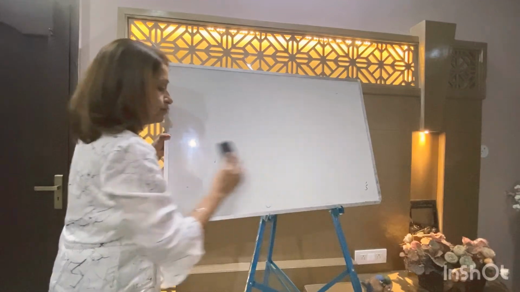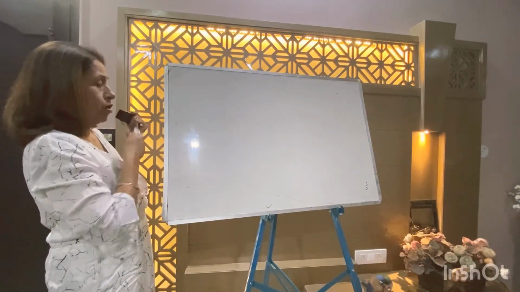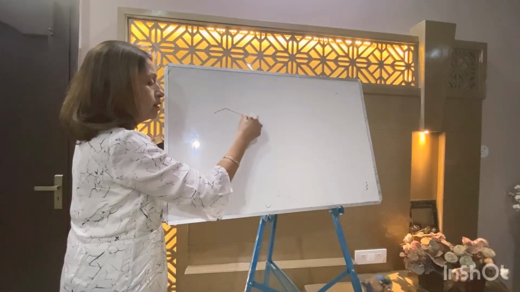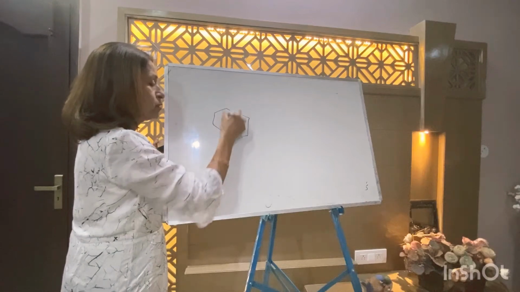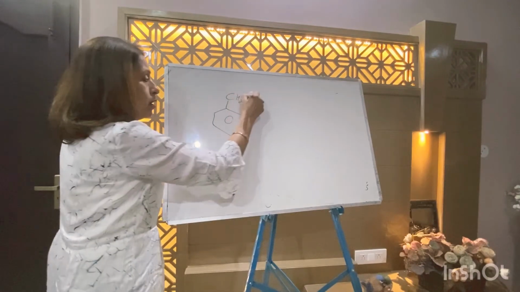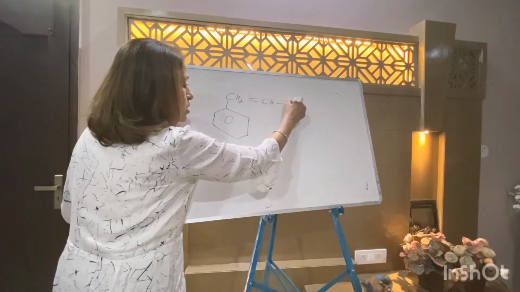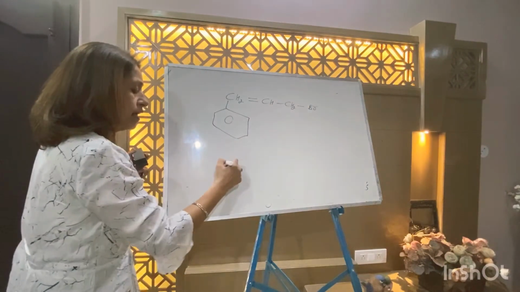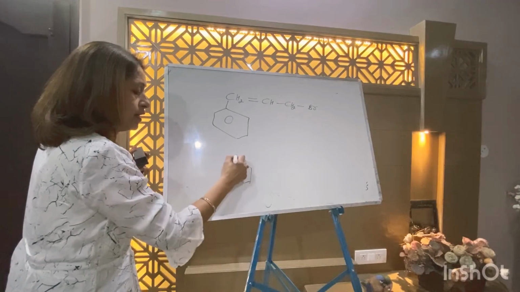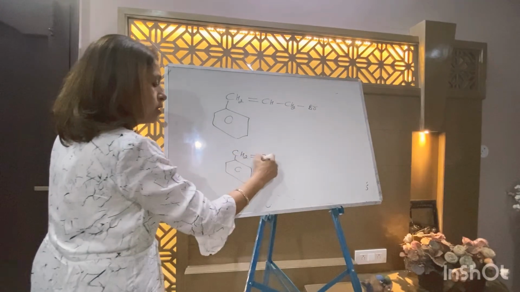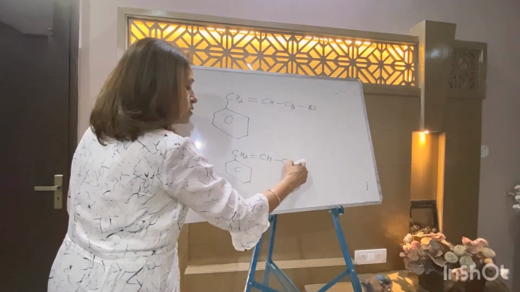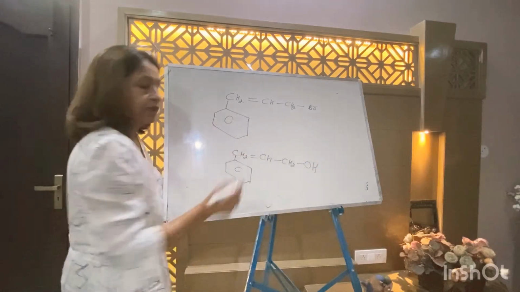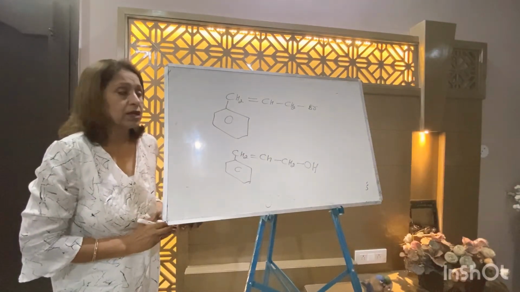After that, now I'm taking your benzene ring. If on the benzene ring there is CH, double bond CH, CH2 and your bromine, in this case your CH, double bond CH, single bond CH2OH. I think now it's very much clear.